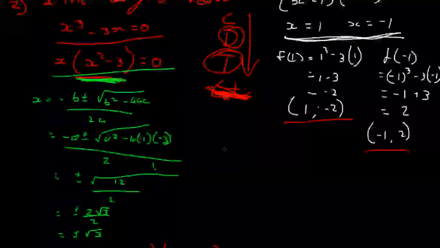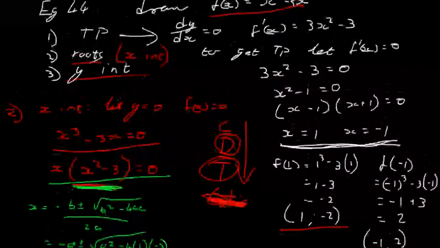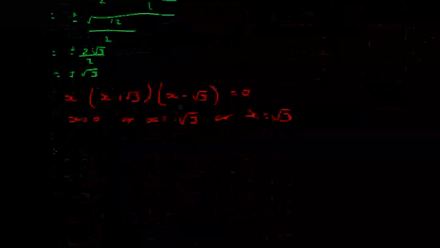So now we've got our two turning points and we've also got our roots. Next, find the y-intercept. We'll do that in blue. To get the y-intercept, what do we do? Let x equal 0.